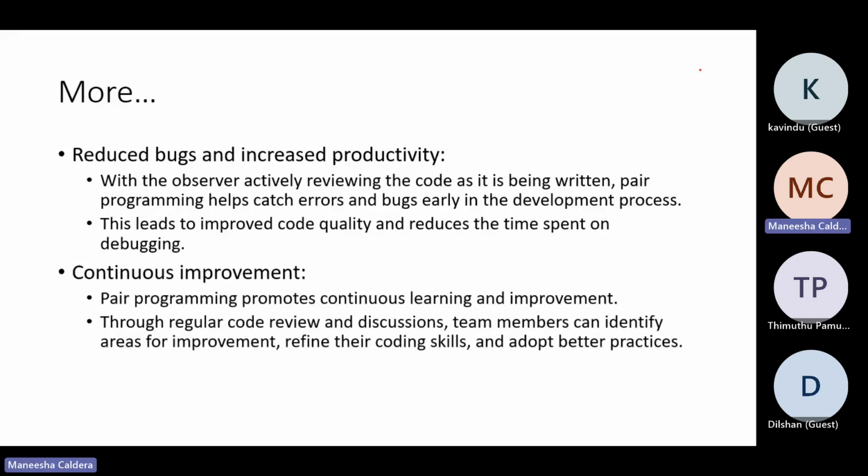Continuous improvement, definitely. Pair programming promotes continuous learning and improvement through regular code review and discussions. Team members can identify areas for improvement, refine their coding skills, and adopt better practices. Every day the research industry is producing new strategies, techniques, and many other things.